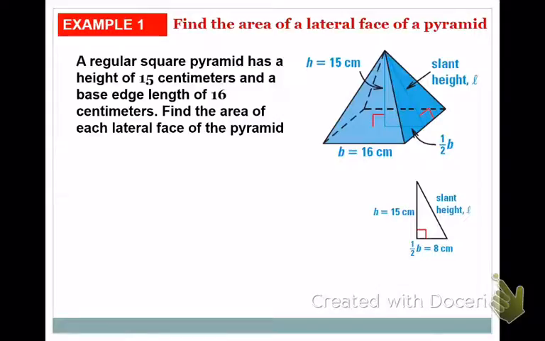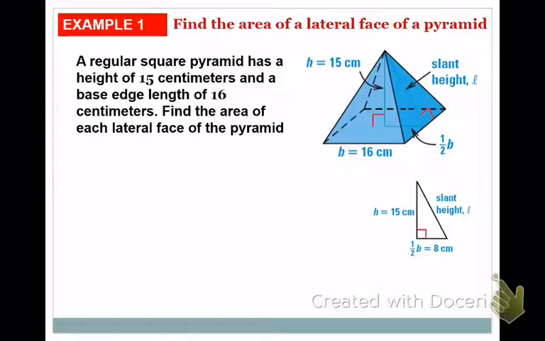Those are lateral faces. Here they show you, you take this blue triangle, right? We know the height. If this is 16, that's 8. So we use the height and this length 8.